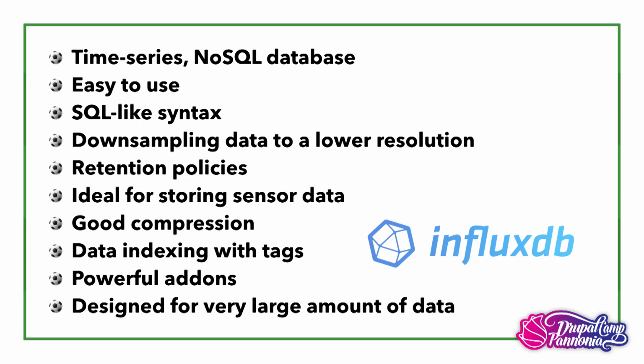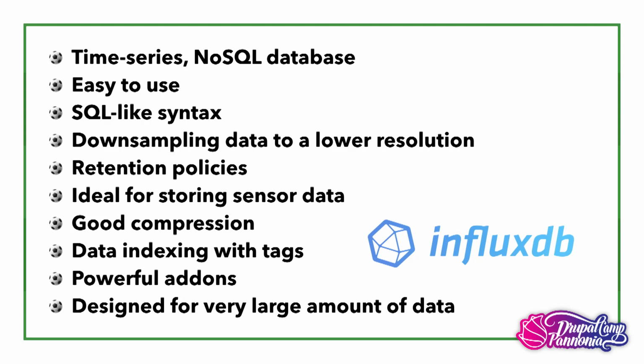It automatically downsamples data to lower resolutions. For example, we're logging data of energy usage, and after 1 year, we only want to keep the past year's data. We don't need every day's usage, and it's done automatically. It has retention policies.